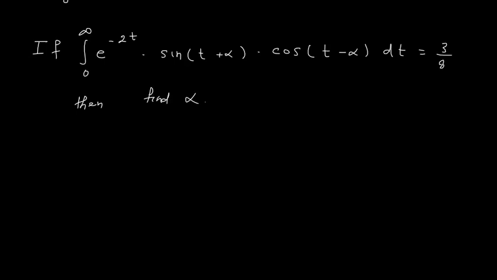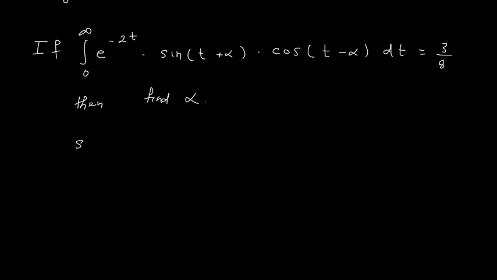Okay, a little strange. Now we have to evaluate; they have already given the value of 0 to infinity e raised to minus 2t sine t plus alpha into cos t minus alpha dt as 3 upon 8. Now sine a cos b, okay, let us understand what is sine a cos b.